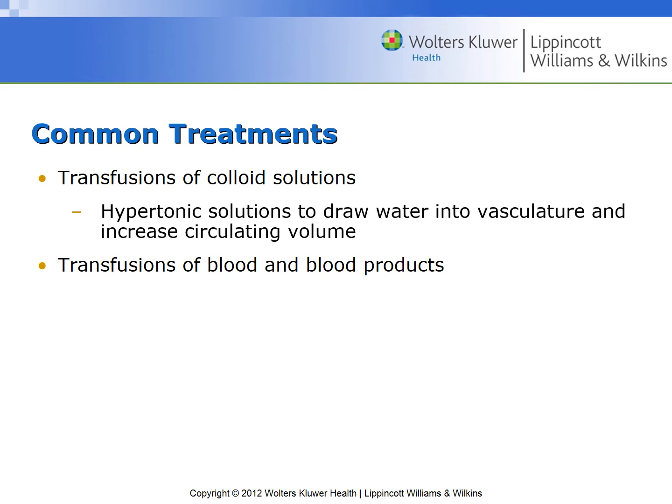Transfusions of blood and blood products. Obviously, if you are bleeding profusely, you need a replacement of the whole blood that's being lost. But maybe you just need plasma. Maybe you need a bag of platelets to replace the platelets that you've lost. So here we have the blood and blood products.